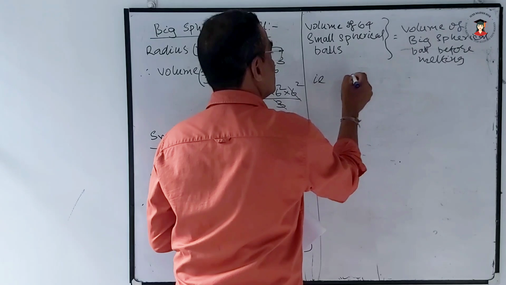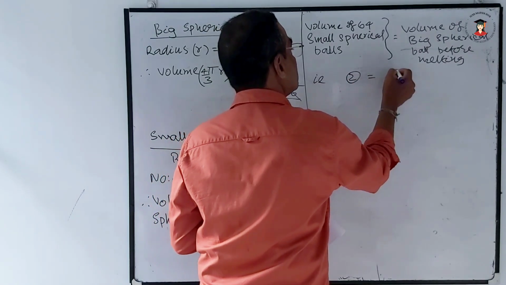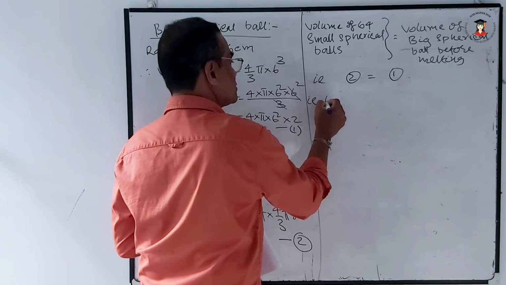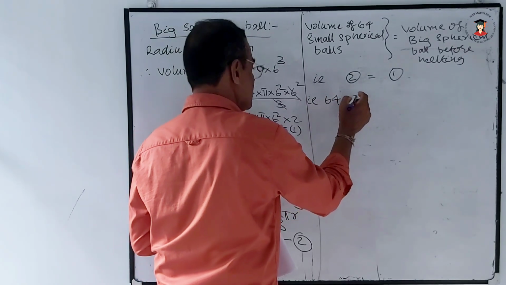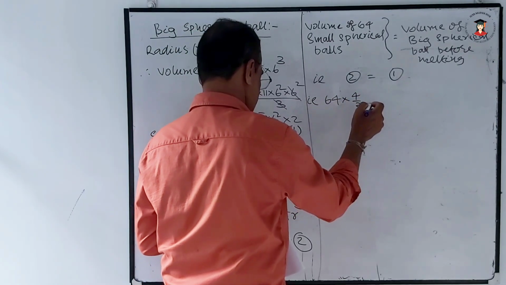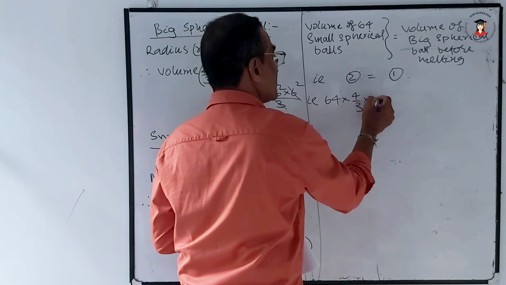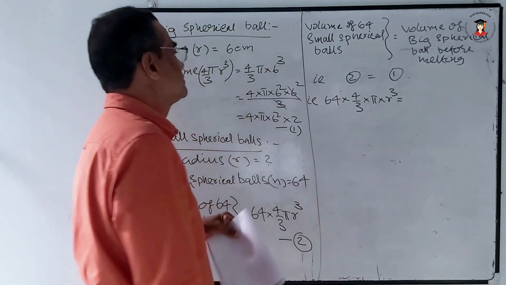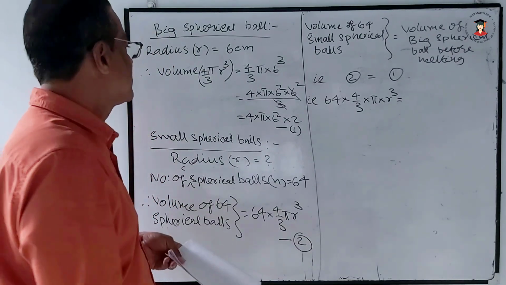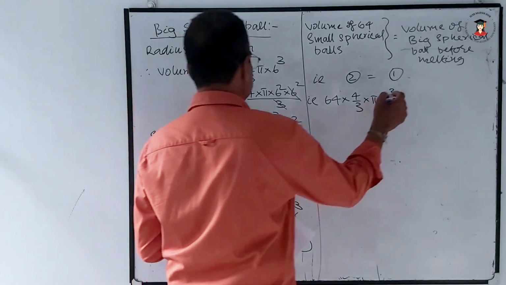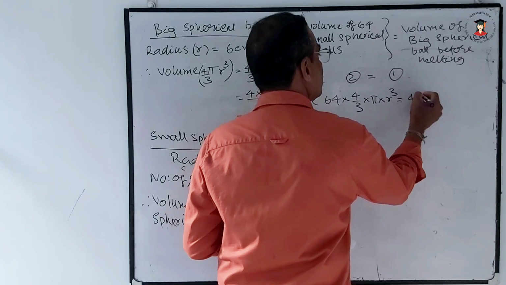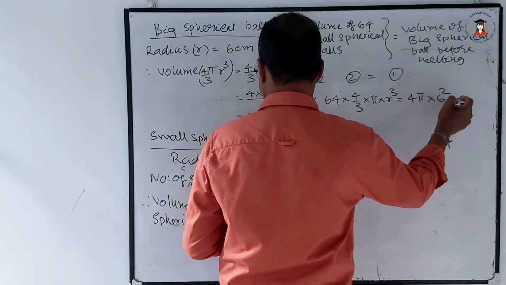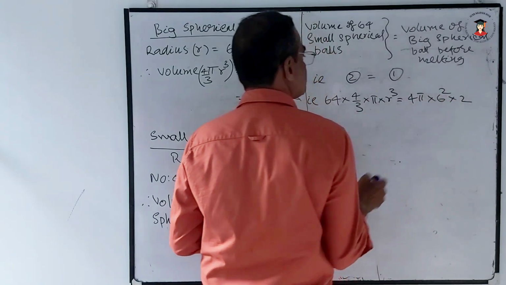That is 2 equal to 1. That is 64 into 4 by 3 into pi into r cube equal to, this is the volume after melting. Volume before melting is 4 pi into 6 square into 2.